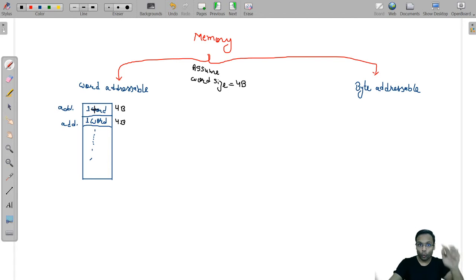No. Not every byte has an address. All 4 bytes will be read and written at the same time, meaning every byte cannot be uniquely accessed. Why? Because you can keep one word on each address. That is why byte addressable memory says you can keep one byte on each address.